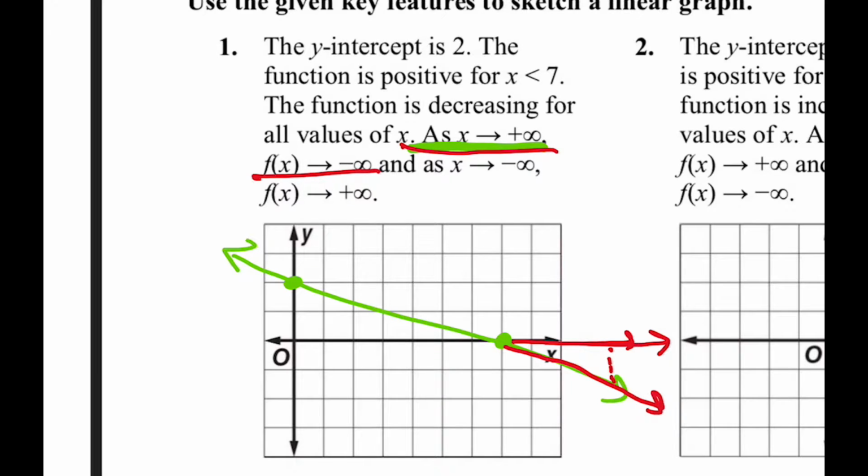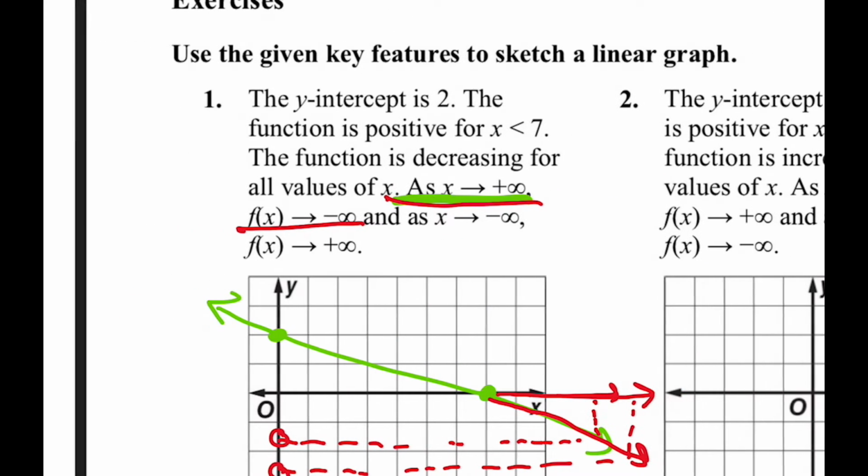As my x gets bigger, my y is going to get smaller and smaller and smaller, right? Because I went from being here to down here, and then it's just going to keep getting lower. As the x gets bigger, the y will get lower and lower and lower all the way to infinity.